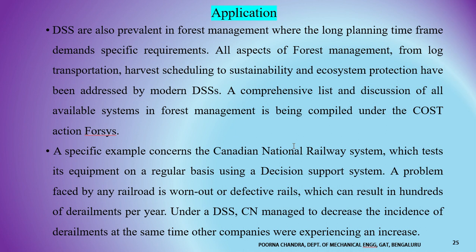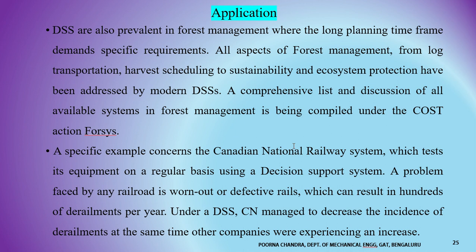A specific example concerns the Canadian National Railway System, which tests its equipment on a regular basis using a decision support system. A problem faced by any railroad is worn out or defective rails, which can result in hundreds of derailments per year. But if you proceed with DSS, this can be reduced.